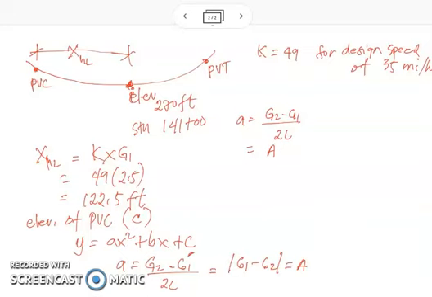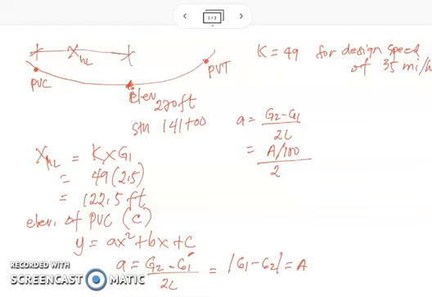We are going to divide this by 100 to make sure that the units are consistent with the denominator since L is in feet. So this will be all over our 2L.